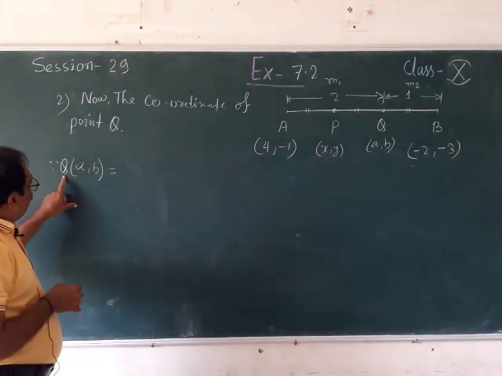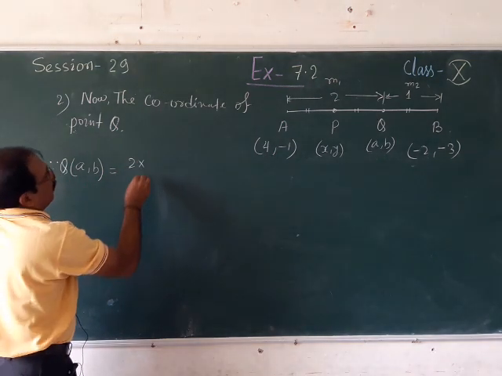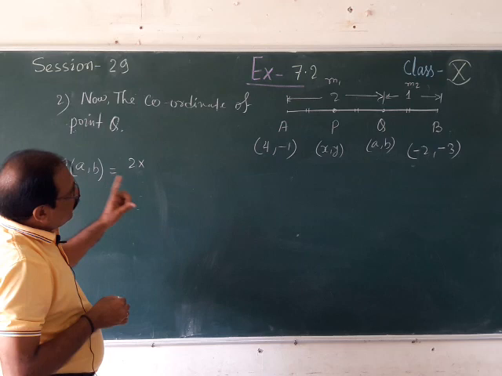So for the point Q, your m1 is 2, m1 into x2.